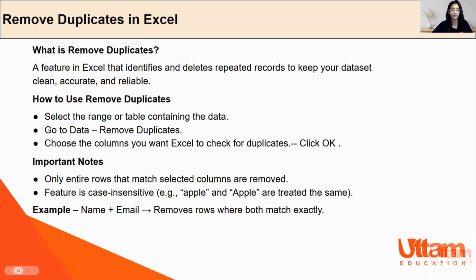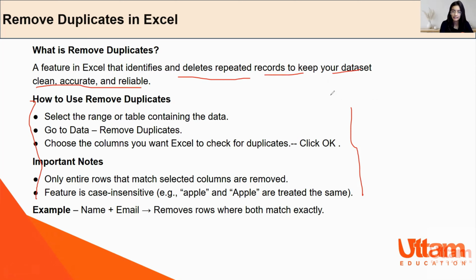Remove duplicate basically helps you to delete a repeated record to keep your data set clean, accurate, and reliable. This is how you have to use it. I'm not going to read this because we can see that directly in Excel. There's one thing I want to mention.